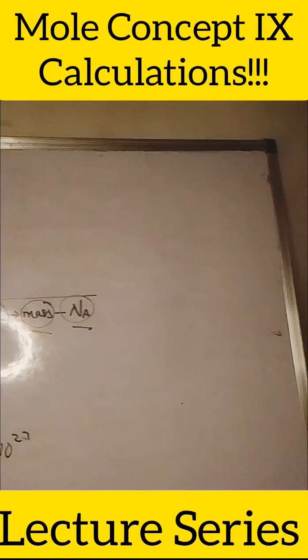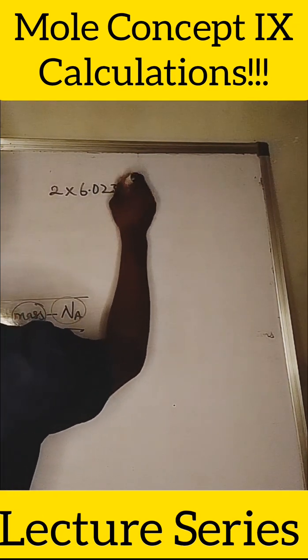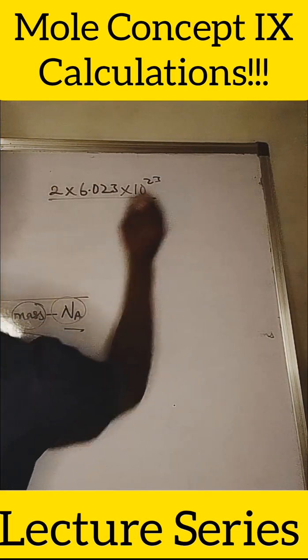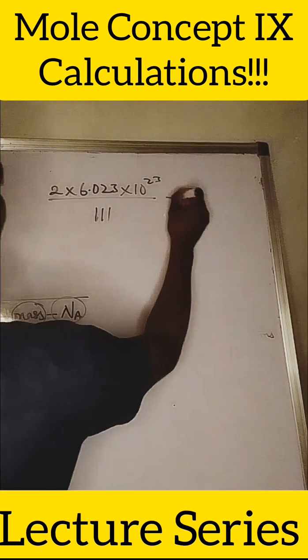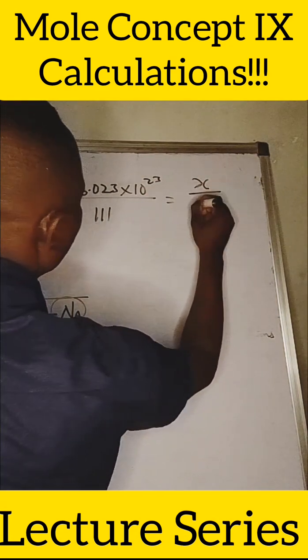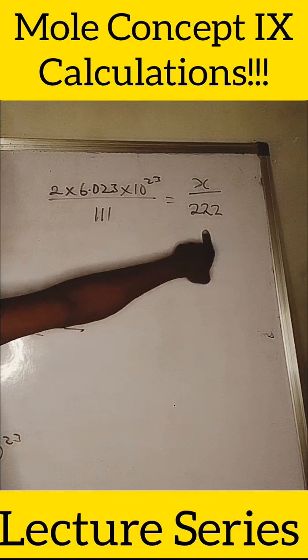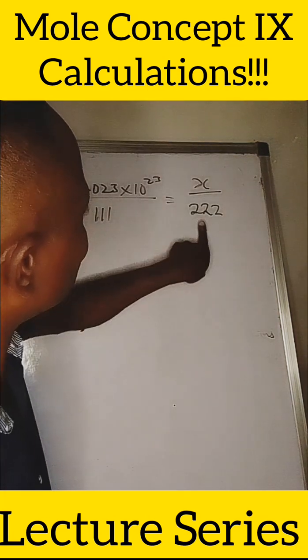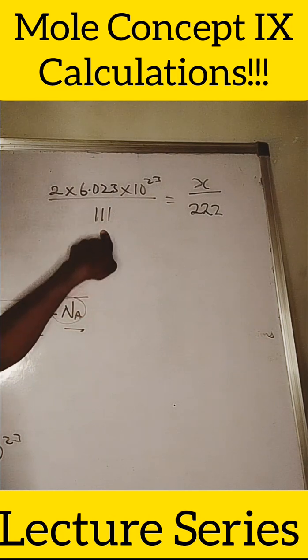So let's go. 2 times 6.023 times 10 raised to the power 23 divided by the grams that produced it will give you X, number of atoms, divided by 222. The question says, how many atoms are produced from 222? Now, this is the number of atoms produced by 111.